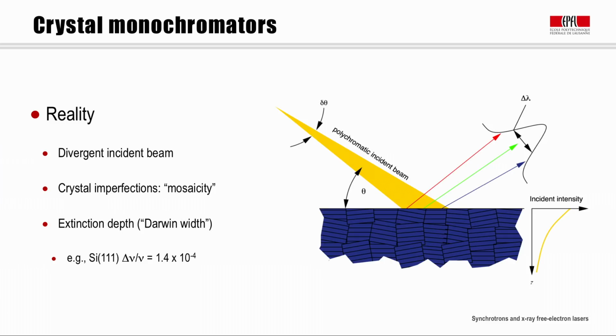In the case of silicon, the contribution that normally dominates is due to the finite extinction depth, resulting in a so-called Darwin width of the Bragg reflection, which results in a relative spectral bandwidth a little larger than 10 to the minus 4.